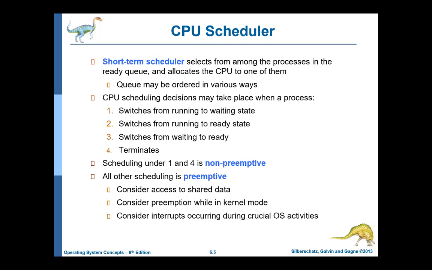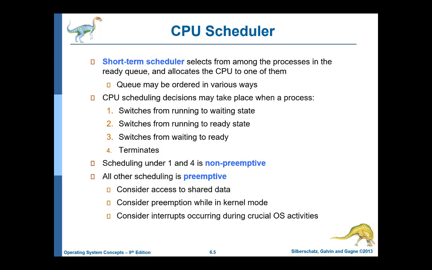Is that because the process leaves the CPU by itself, it is not taken by someone else, by the scheduler, for example, or the dispatcher or the operating system interrupt, etc. So criteria 2 and 3, they are preemptive, which means that in these cases the operating system has generated some interrupt and these processes have been switched from running to ready state or from waiting to ready state. Okay, so what do we need to consider when we have preempting scheduling?